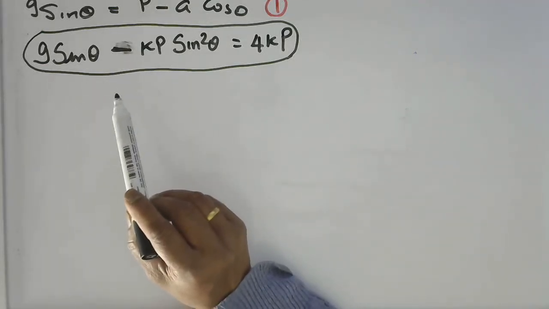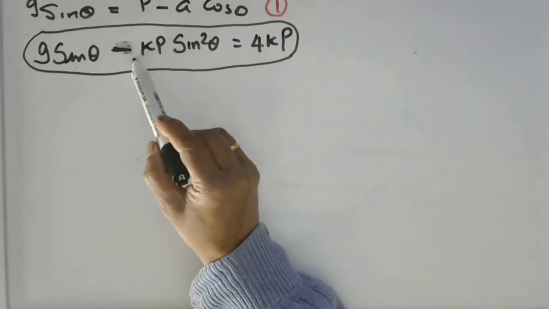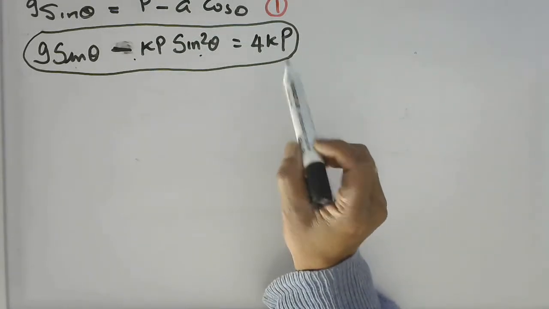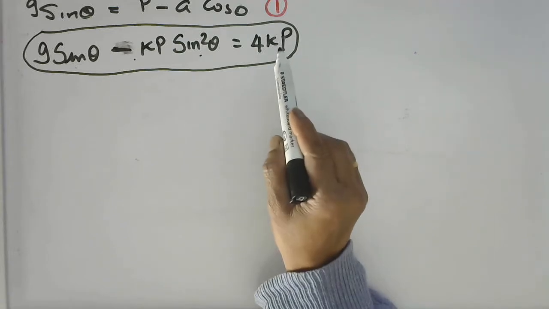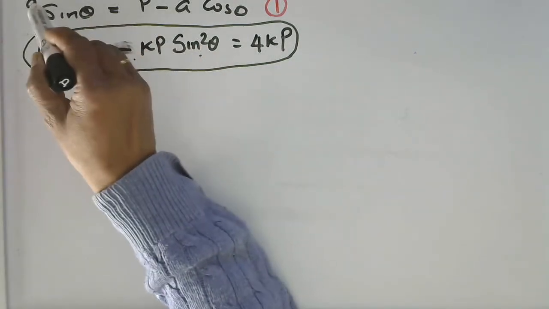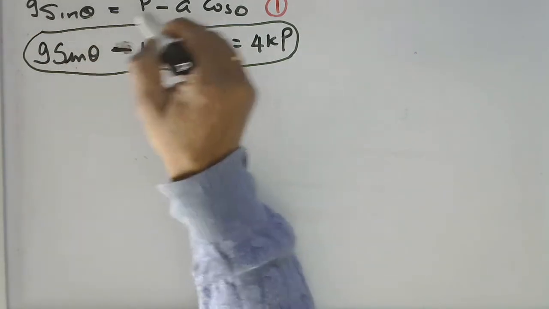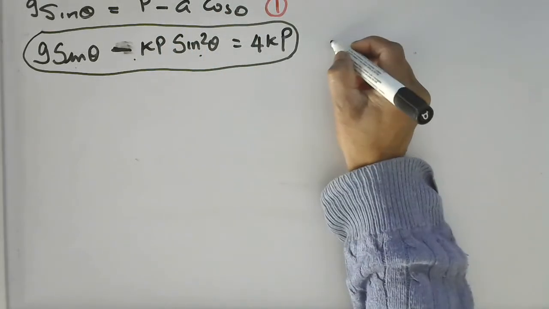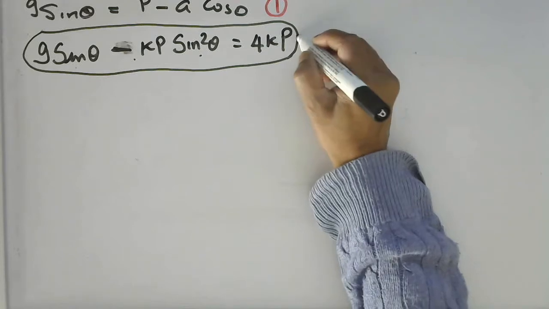Now, you know equation number 1, g sine theta equal to p minus a cos theta. I'm going to substitute this into equation number 3.